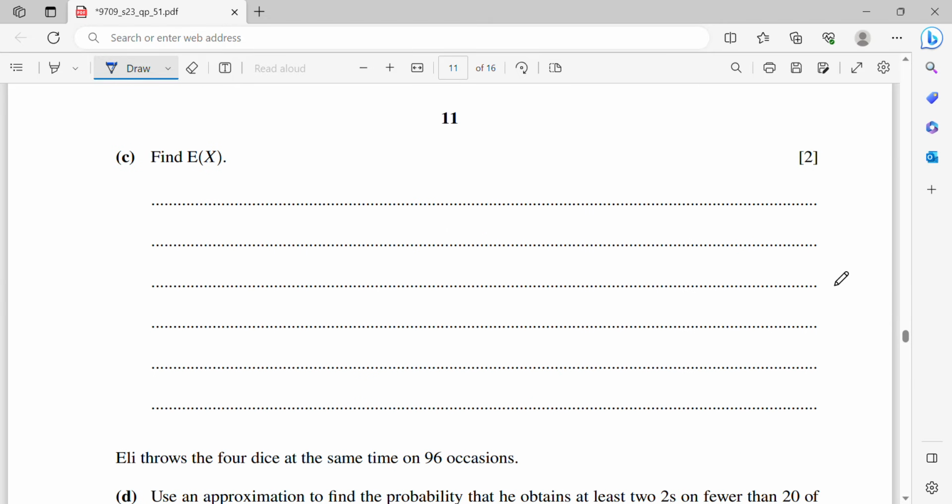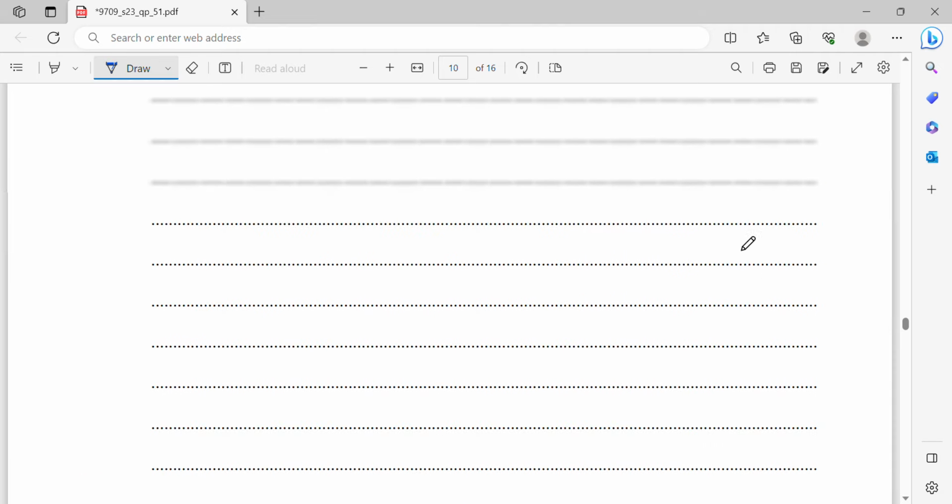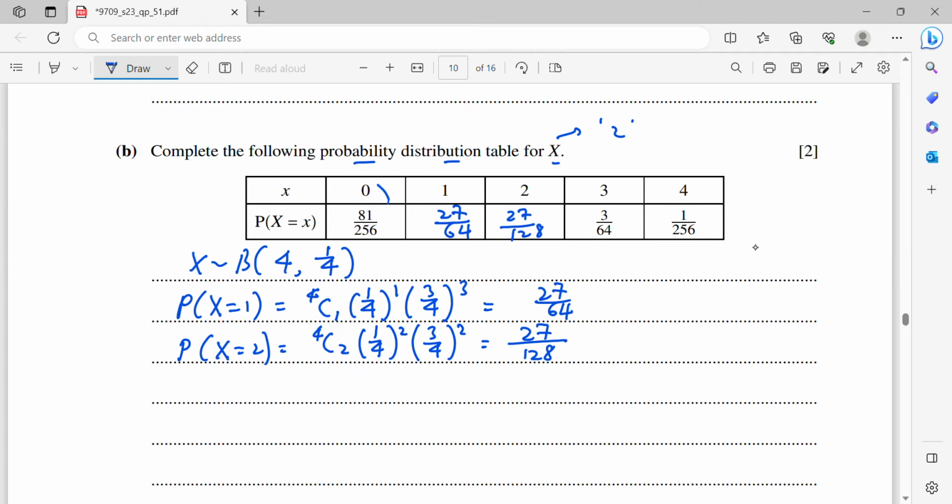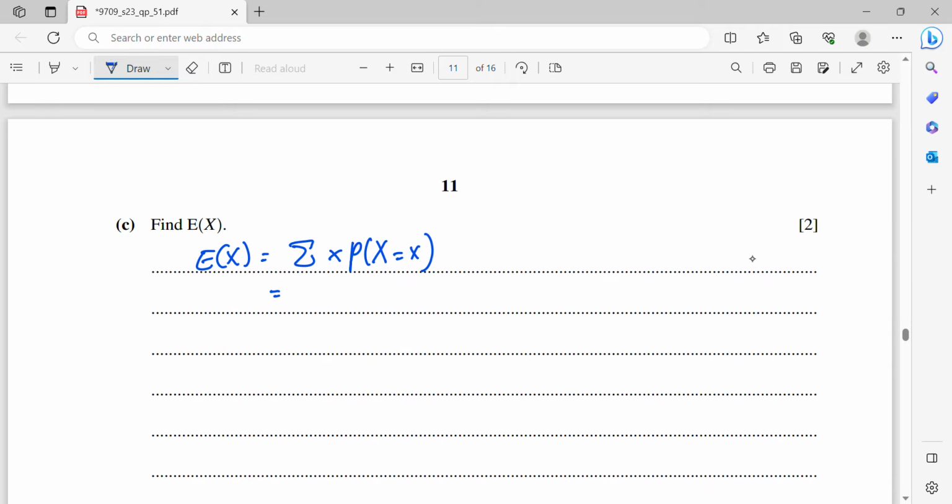Now C, find E(X). So E(X) is the expected value of X, which is the summation of X times P. By referring to the previous probability distribution table, 0 times 81 over 256 can be ignored because it will be 0. Then plus 1 times the probabilities until the end. That is the calculation of E(X). So my working is going to be 1 times 27 over 64. Summation means plus.